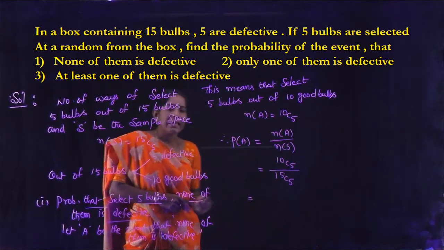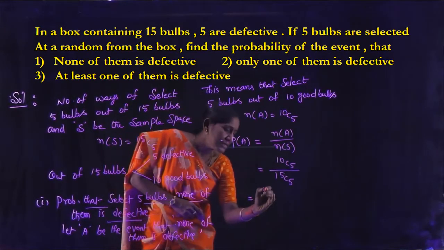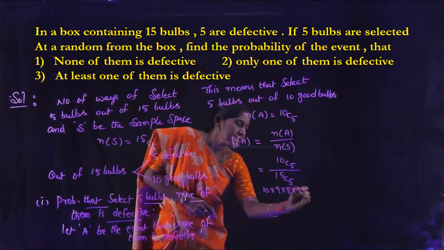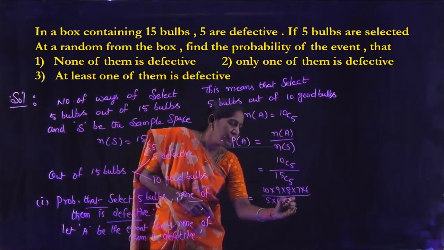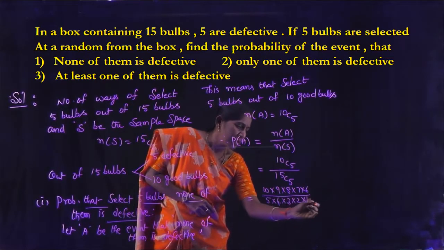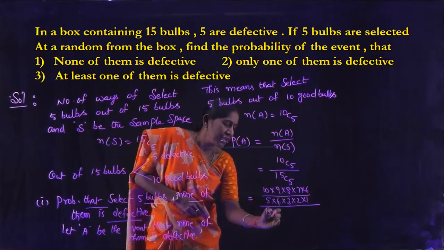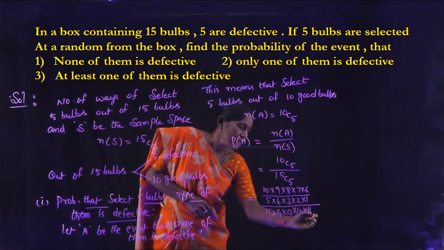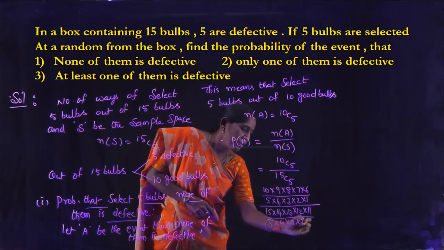Now 10C5 is 10, 9, 8, 7, 6 by 5 into 4 into 3 into 2 into 1, divided by 15C5, that is 15, 14, 13, 12, 11 by 5 into 4 into 3 into 2 into 1.